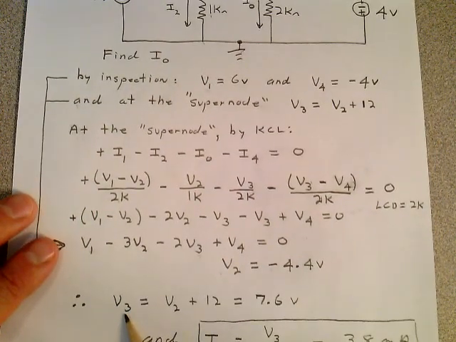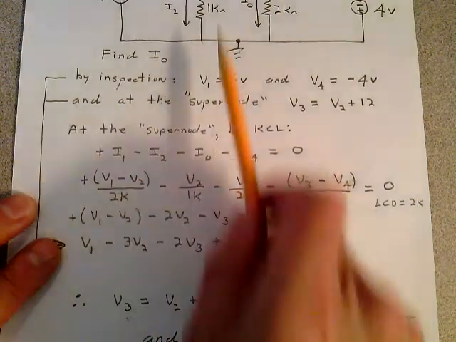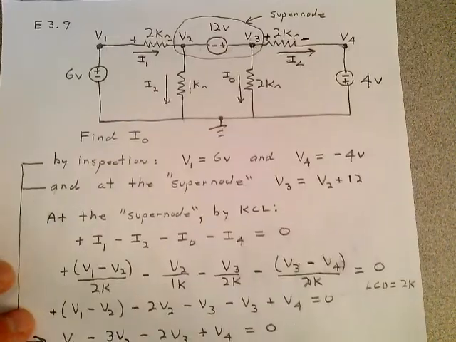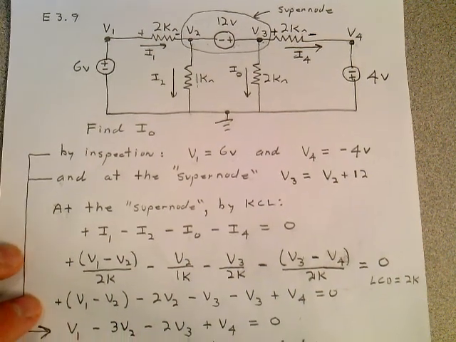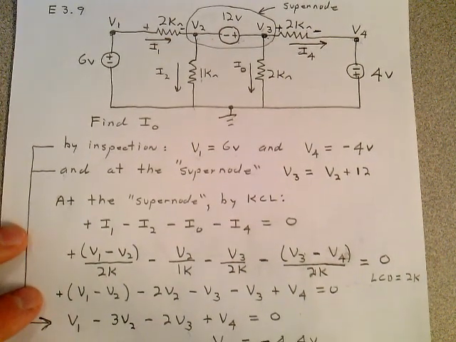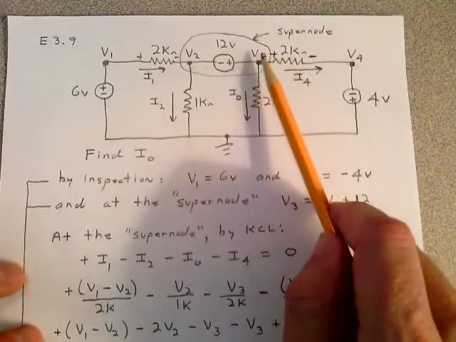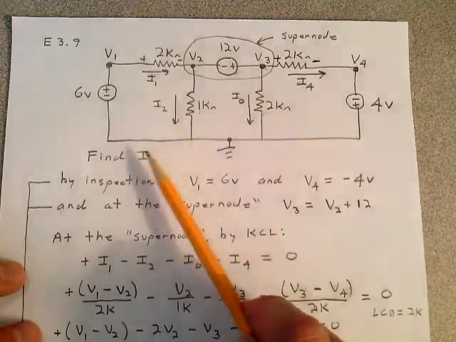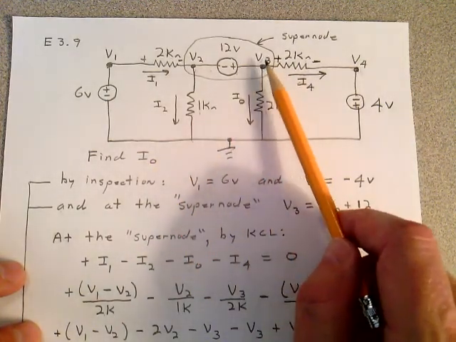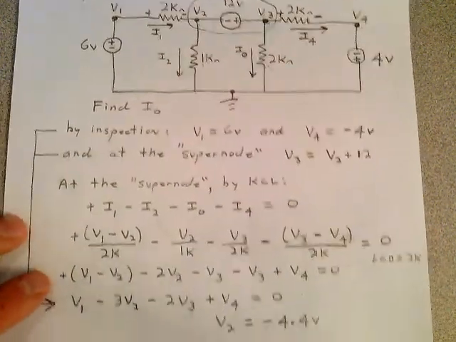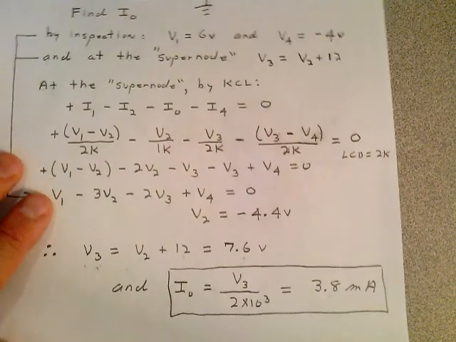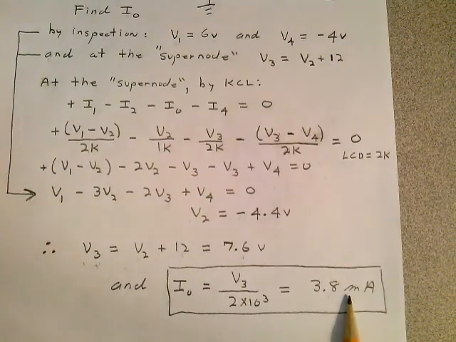Well, V3, we already found up at the top, is V2 plus 12. That's 7.6 volts. So if V3 is 7.6 volts, you can find I0, and that's what they wanted you to find in the problem. Once you find this voltage, you divide it by the 2K, and you get 3.8 milliamps.